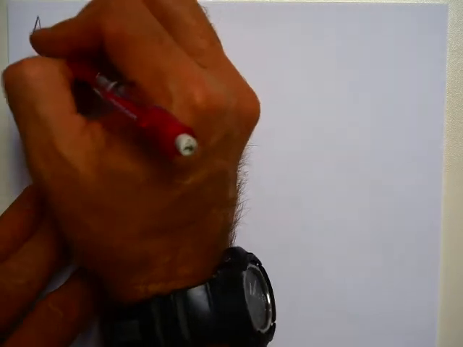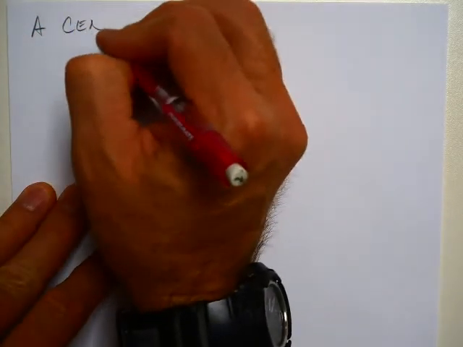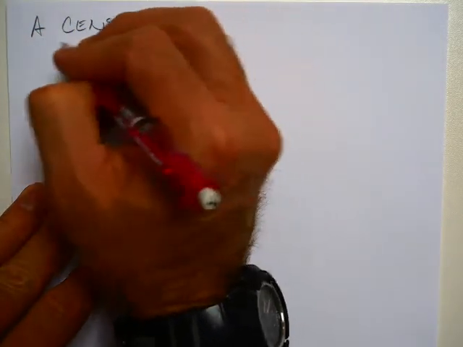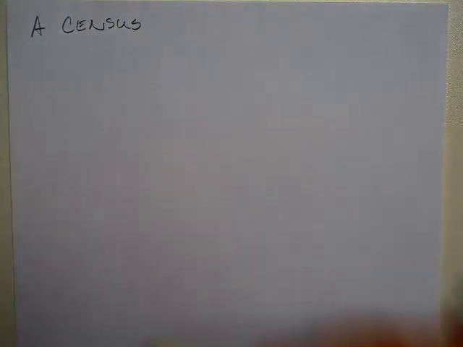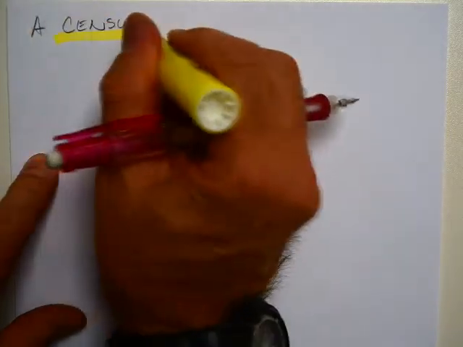Actually, population is big N. We haven't seen that formally yet. Next thing is a census. And we're going to talk about how we can gather data. A census attempts to gather data from every individual in a population.